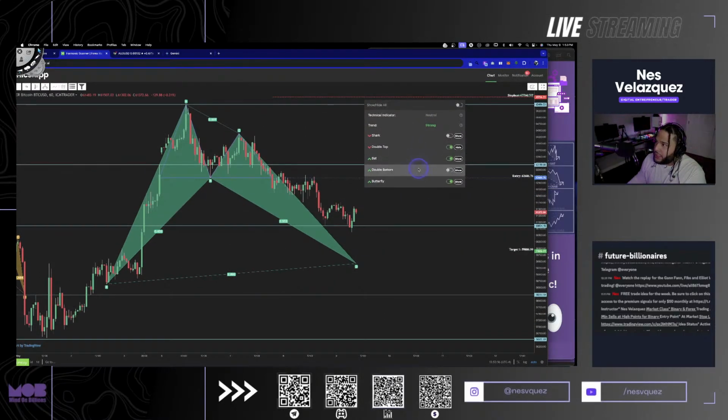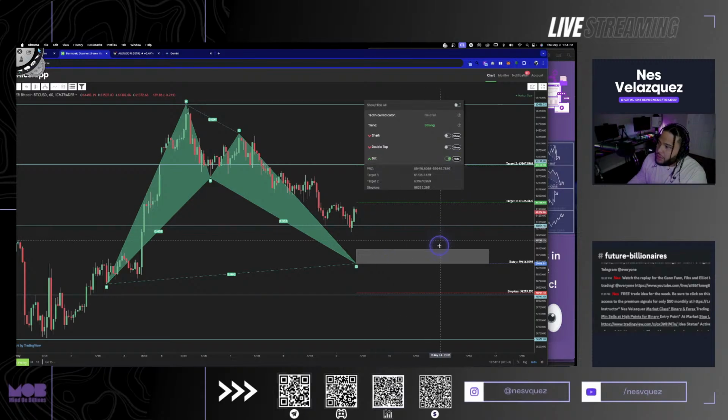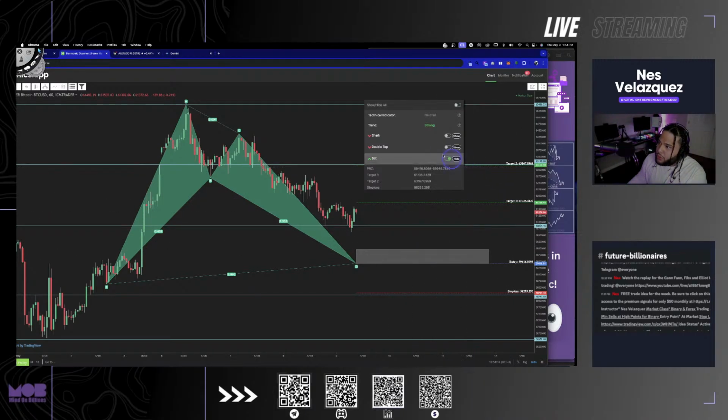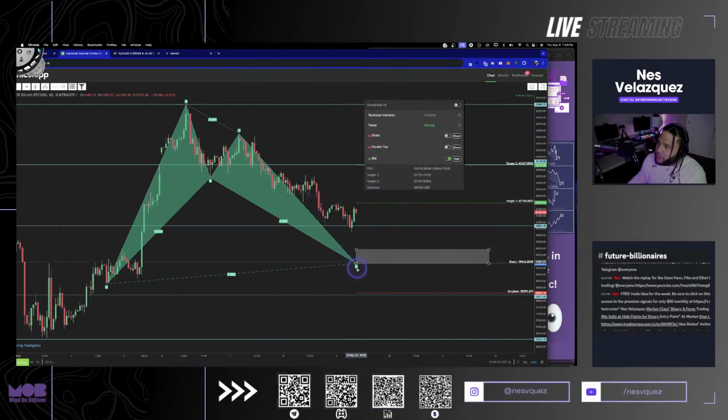Let's take out the double top, and let's take out the butterfly for now. Okay, here we go. So when we show the entry, stop loss, and take profit for the bat, this is what is determining right over here. When the market finally gets over here, which is the take profit for the double top pattern, most likely this is detecting it's going to reverse. So the bat is showing reverse.